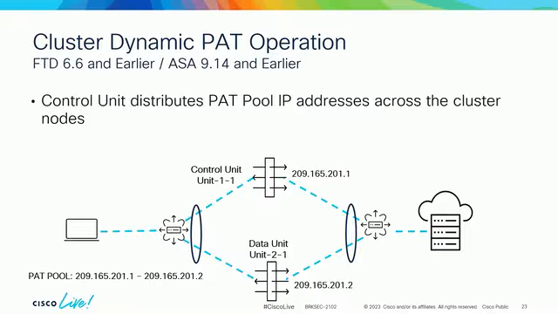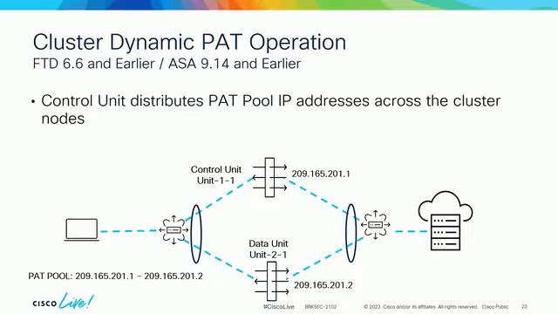So for hit and run traffic, such as HTTP or HTTPS, per-session PAT will dramatically increase the connection rate per PAT IP address, while the traffic that is using multi-session PAT will be forwarded and owned just by the control unit.